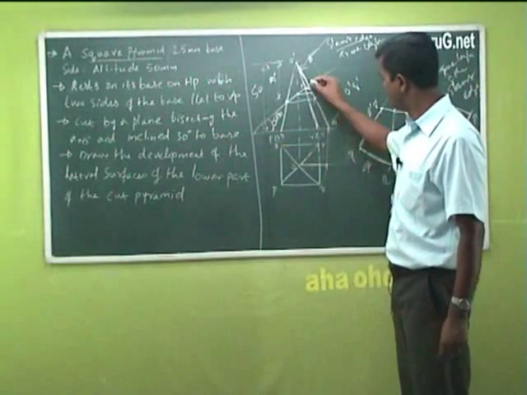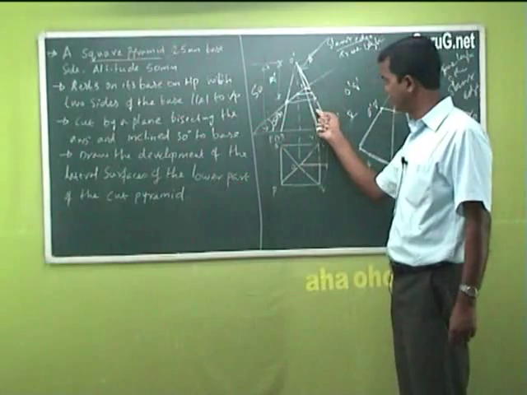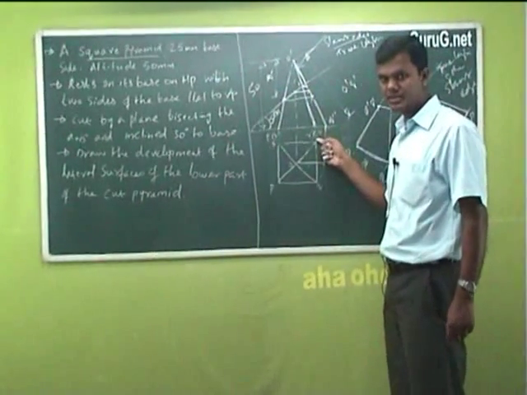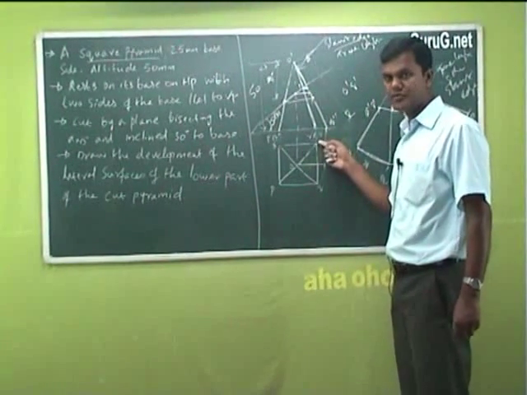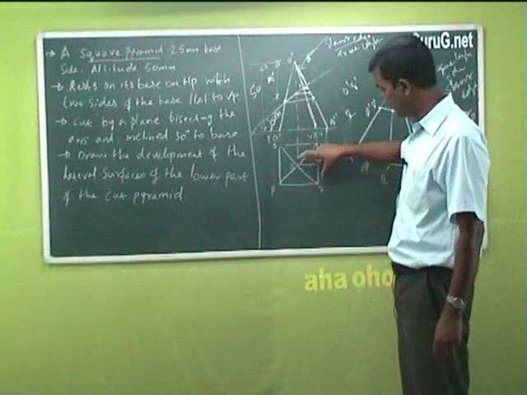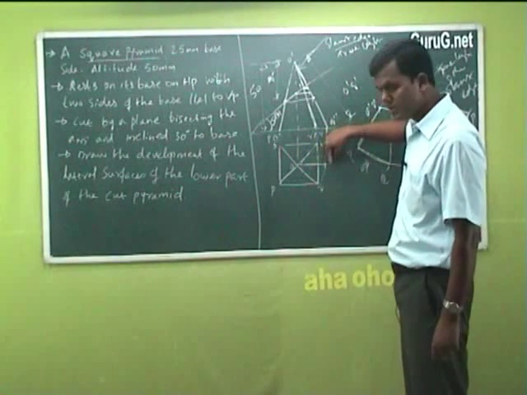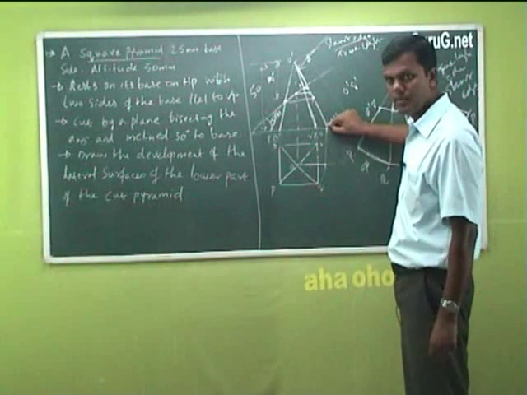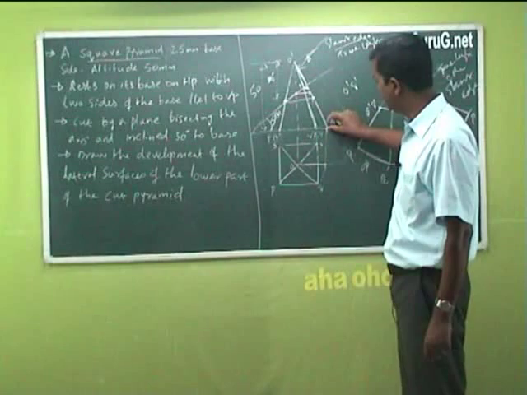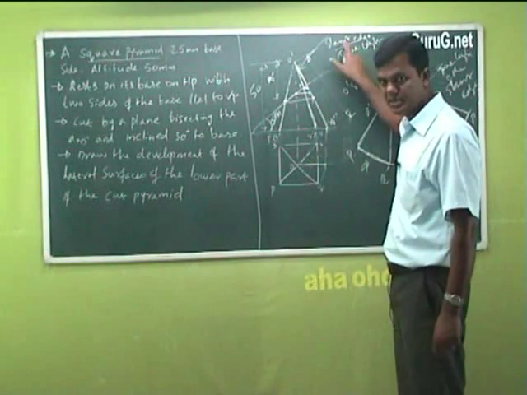That's it. So the only difference in this problem is, since the generators, the slant edges, are inclined or foreshortened, you make it a true length by taking an arc, or rotating this to a horizontal line. Then you bring it to the XY line. Then you join this point with the O. That becomes the true length of the slant edge.